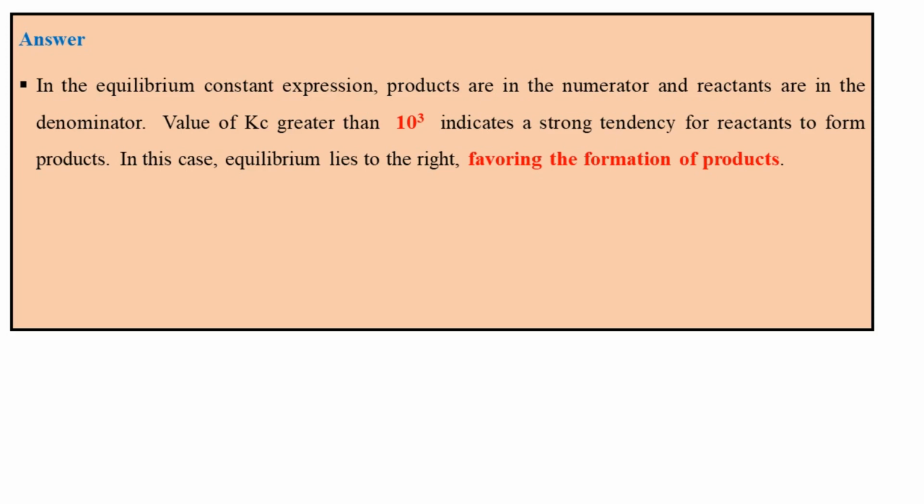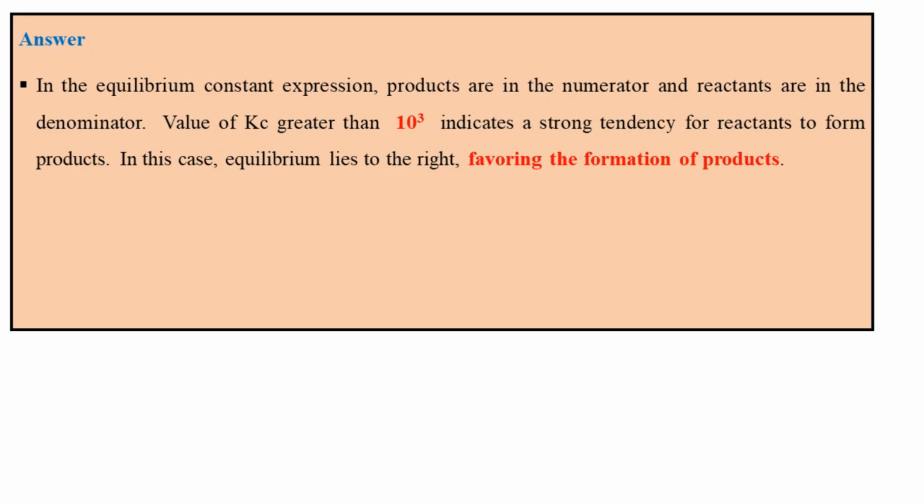So we need to know when the reaction will contain only the reactant, only the product, and when at equilibrium the reaction will be containing both product and reactant. So in the equilibrium constant, product are in the numerator and reactant are in the denominator. That one we know.